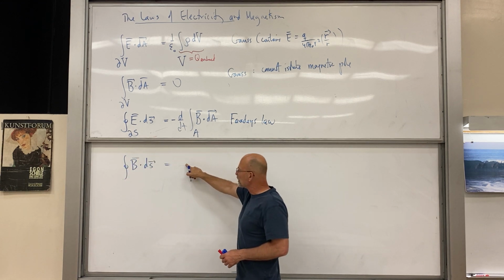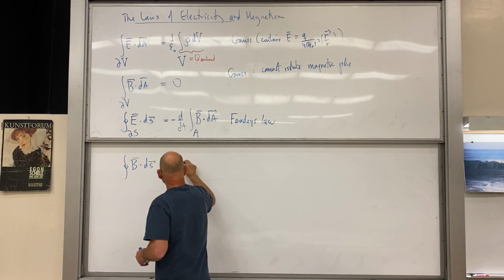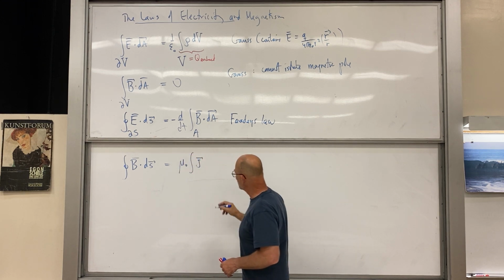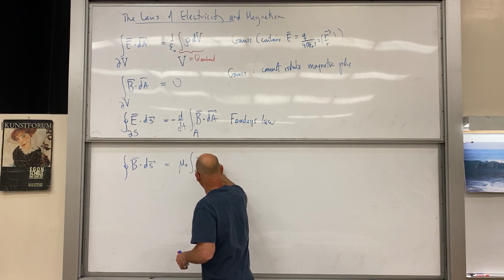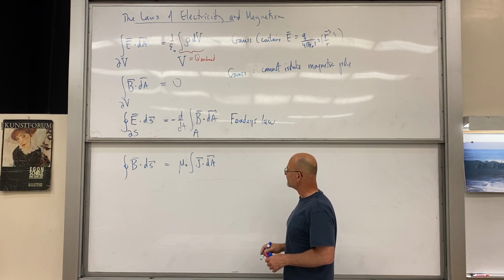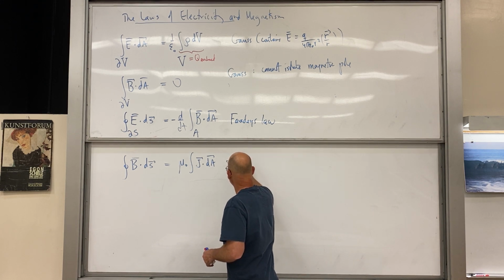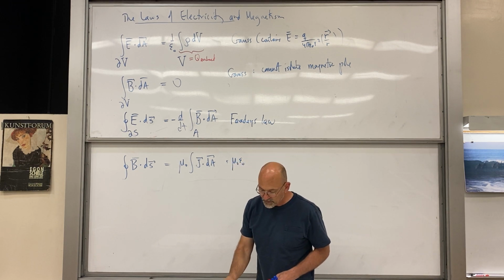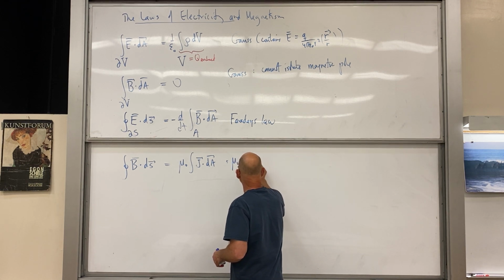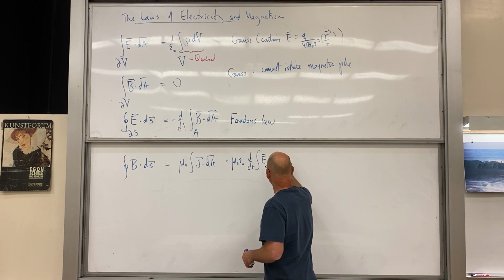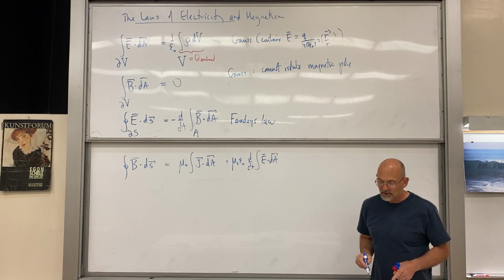Now, instead of I enclosed, we're going to write mu naught integral J, which is a charge J dot d area, okay, through a surface, and then plus mu naught epsilon naught. We got that time derivative, so d dt integral E dot dA.